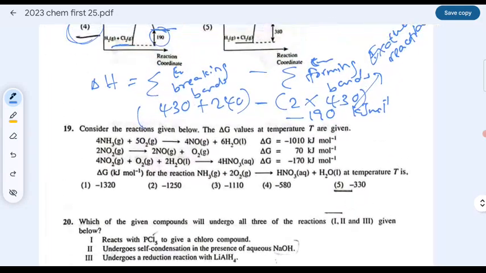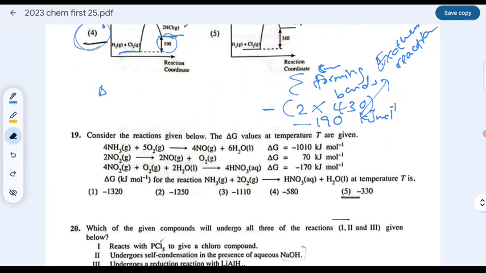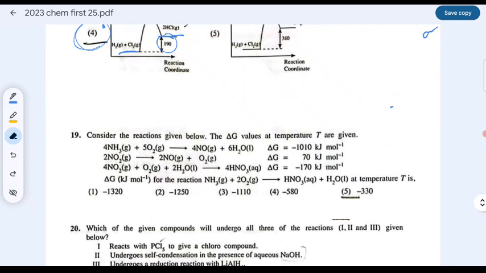Consider the reactions given below. In order to find the answer for this, I will erase this part. Right, 19th question. Consider the reactions given below. The delta G values at temperature T are given. So what is the reaction? This is the reaction: NH3 plus 2O2 gives HNO3 plus H2O.